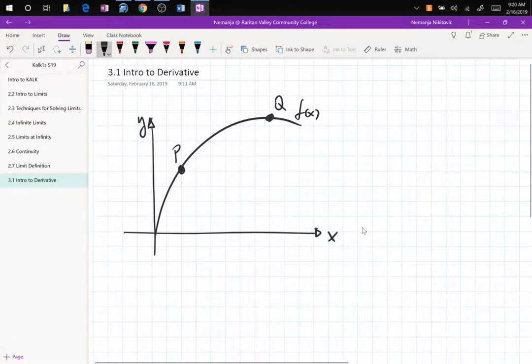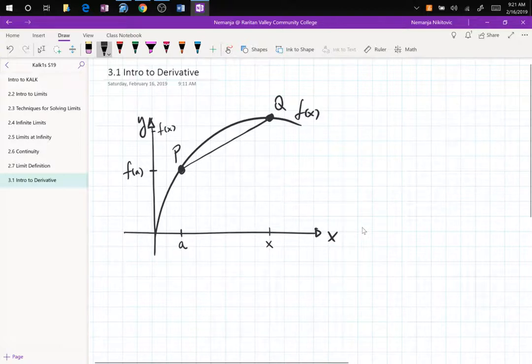And if I am to connect these 2 points with a straight line, I would be able to find the slope of that line because I have the coordinates for point P and point Q. So let's say that this P is at a, which means that this would be our f of a, and our point Q, let's say it's x, which would give us f of x as the y coordinate.